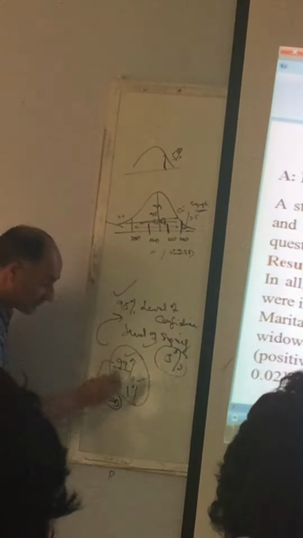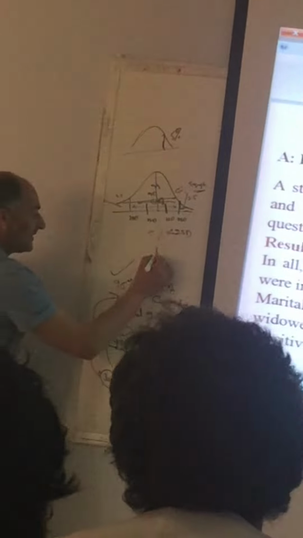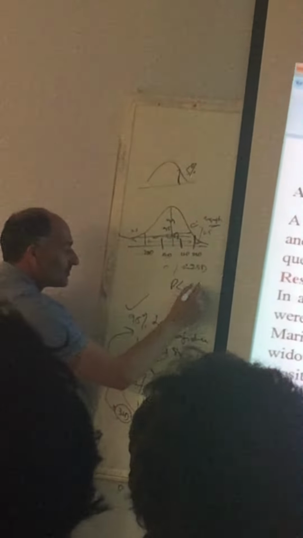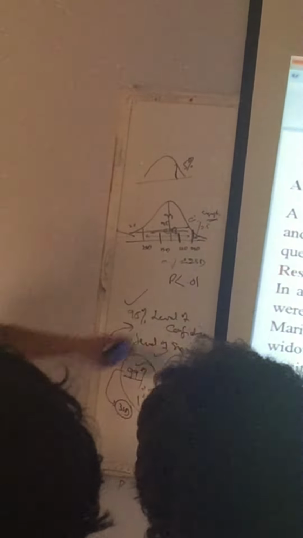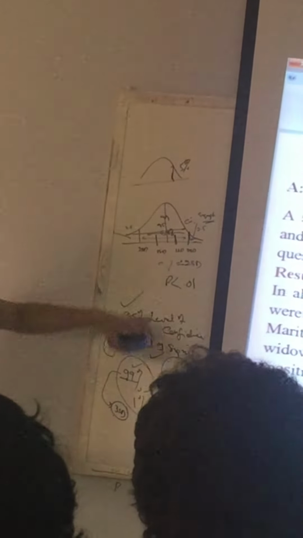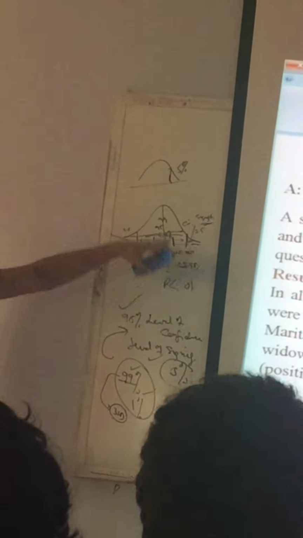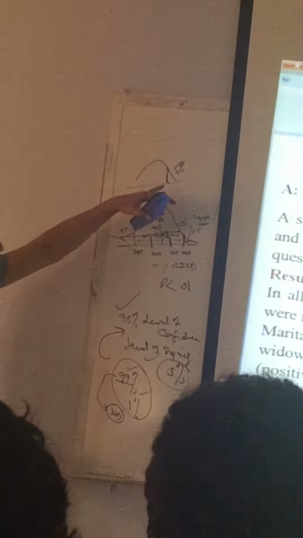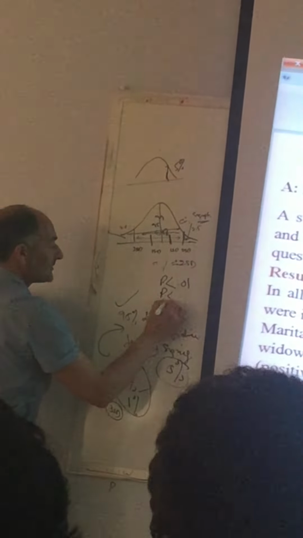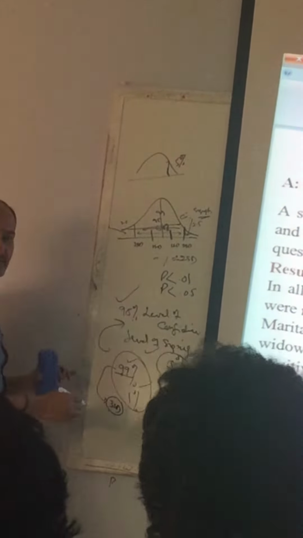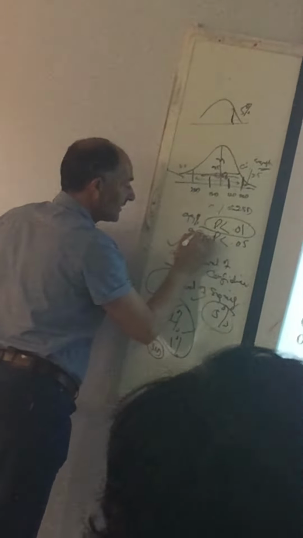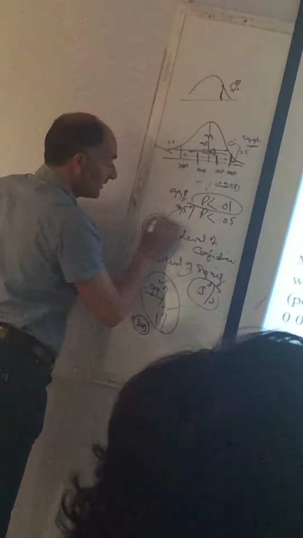And if you get a value outside this limit, that will be significant. So you write P is less than 0.01. Now this will not be 0.05, because it's 1%. So P will be less than 0.01. And if you are at 95%, P less than 0.05. If you get a value here, it will be significant. This is the 99% confidence interval. This is the 95% level of confidence. Okay? Is that clear or difficult?